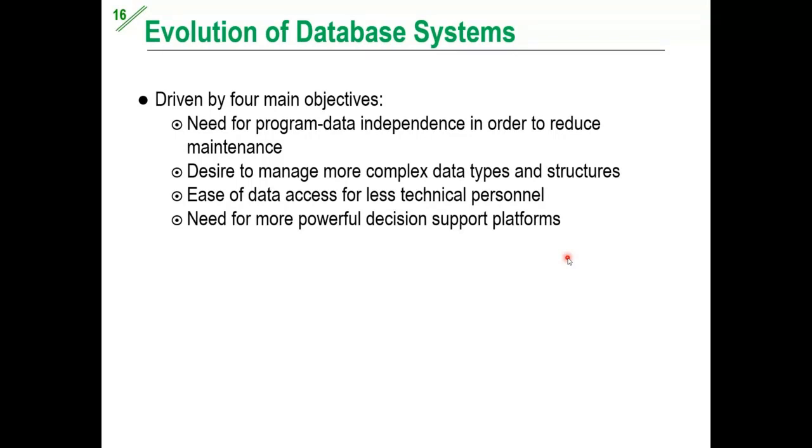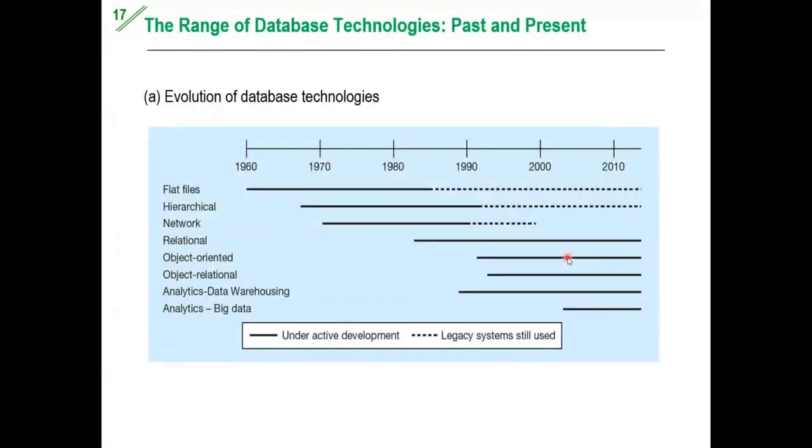That is one of the key aspects why we need modern database technologies. So these are basically the four main objectives why companies prefer databases rather than individual files to maintain their data.